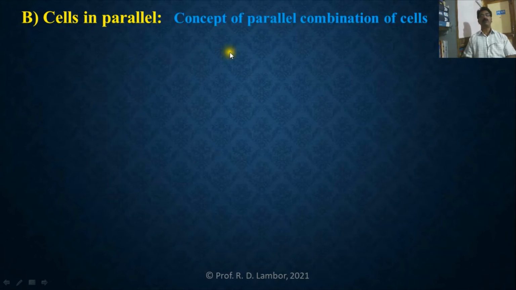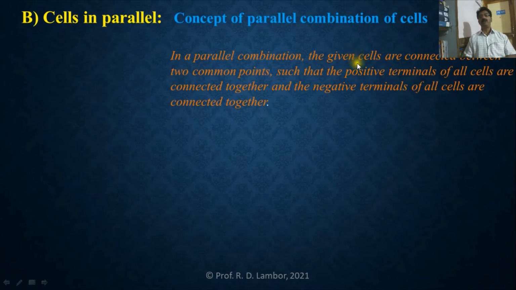In parallel combination, the given cells are connected between two common points, just as we have considered A and B, such that the positive terminals of all cells are connected together and given to one common point, and the negative terminals of all cells are connected together and given to another common point.